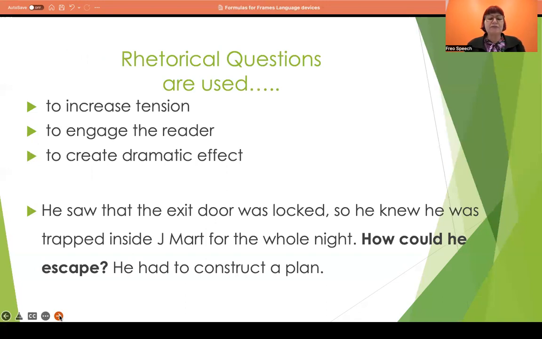For example, when the boy gets trapped inside J-Mart, I've said, how could he escape? On the Ferris wheel fire, what could they do now? Rhetorical questions are used to increase the tension and engage and create a dramatic effect for the reader. And again, they make us pay attention to that particular part of the story.